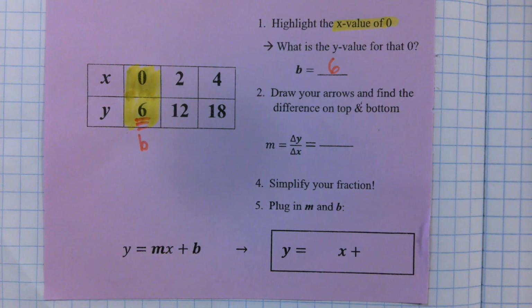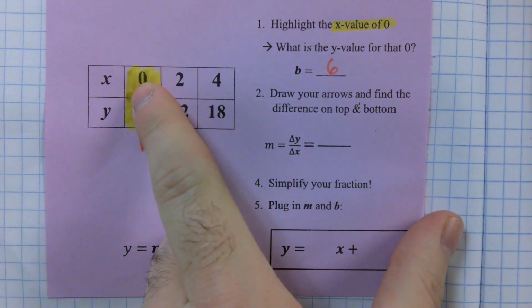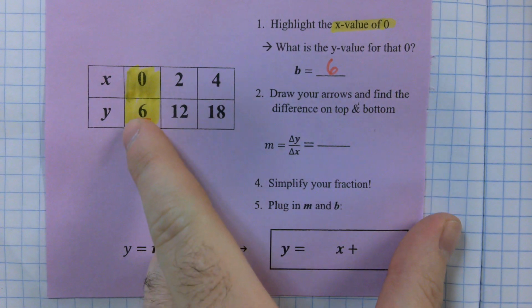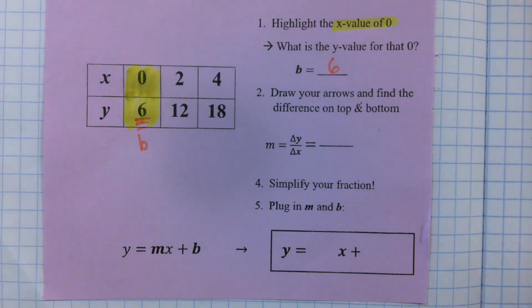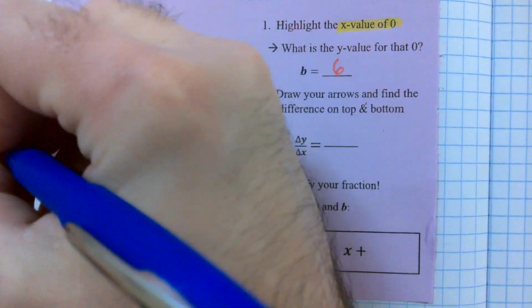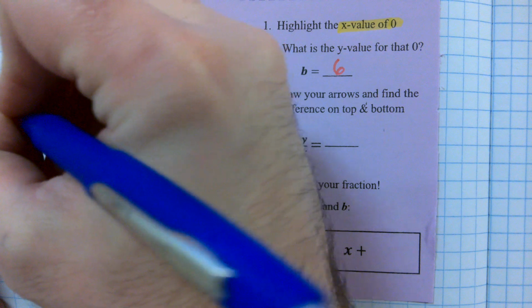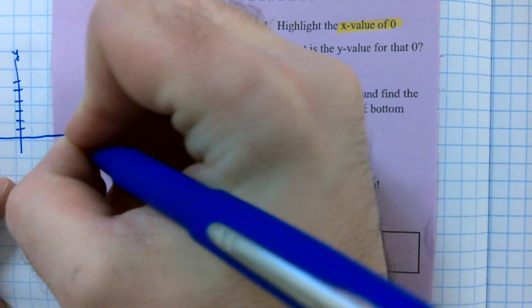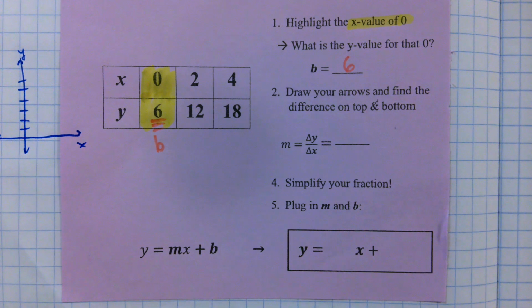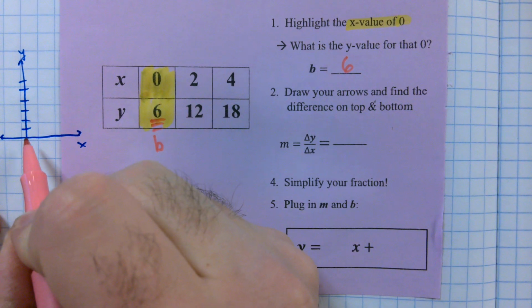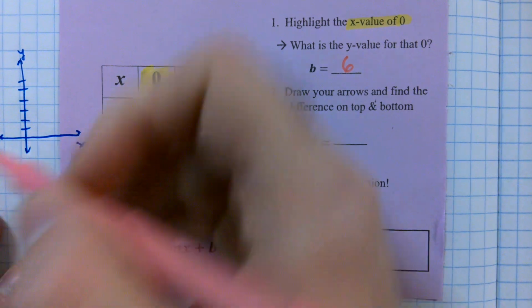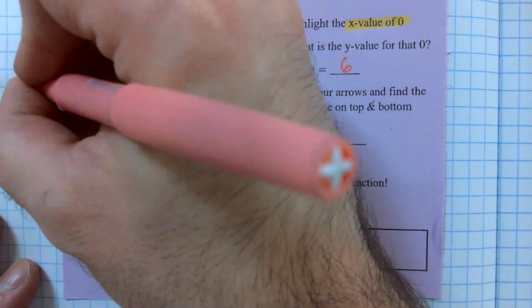Just as easy as looking for the point where the two lines cross. You see an x value of 0. Oh, I'm going to look right under it. Boom. That's my b, 6. Because if I had a graph, you don't have to draw this, but if I had a graph and I was going to graph these points, 0, 6 from the origin would be 0 spaces on the x, 6 spaces up on the y.